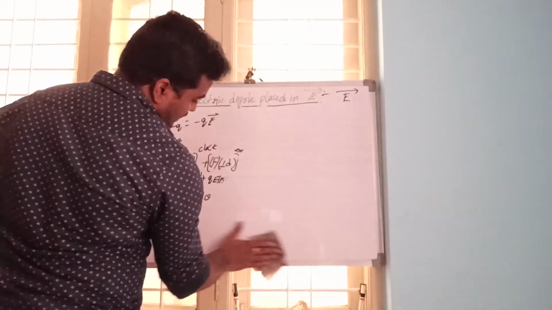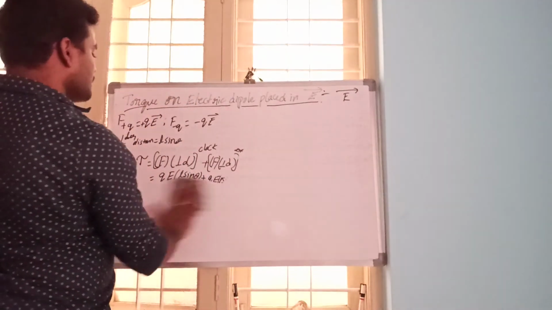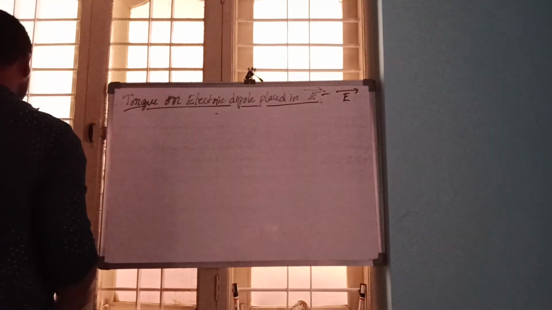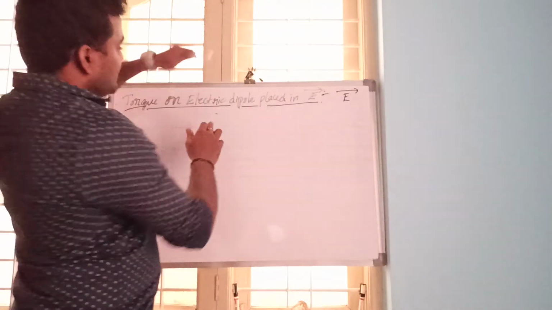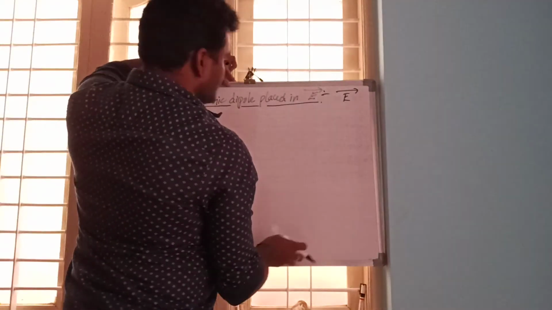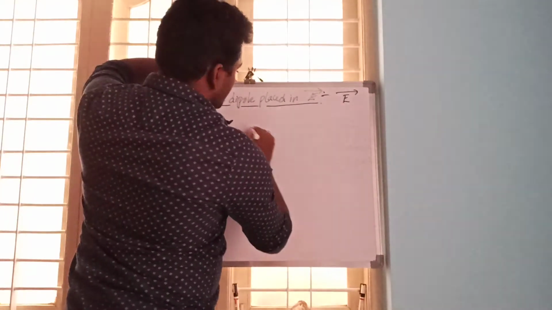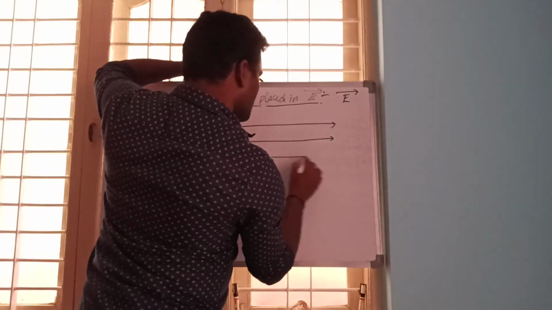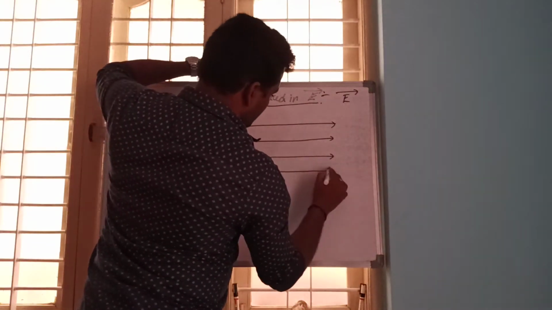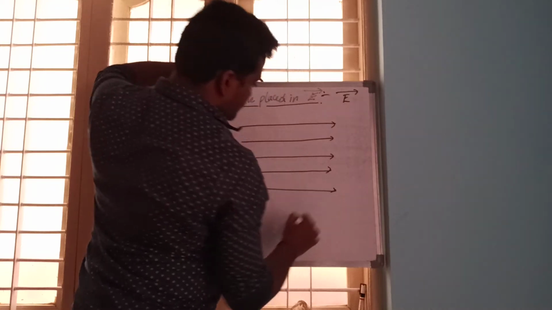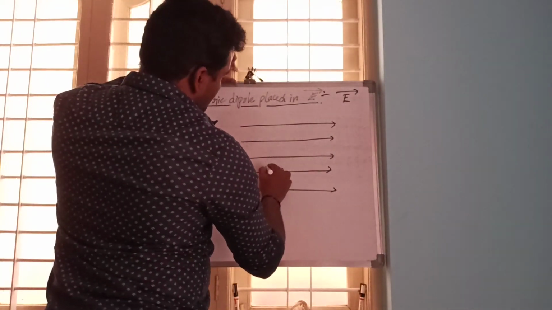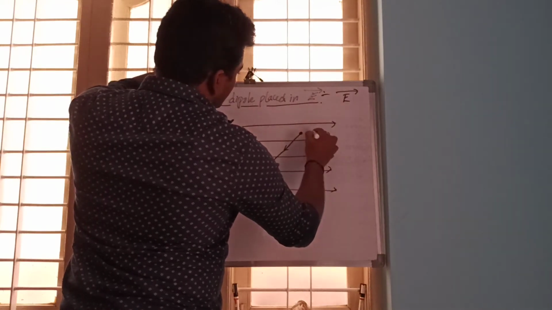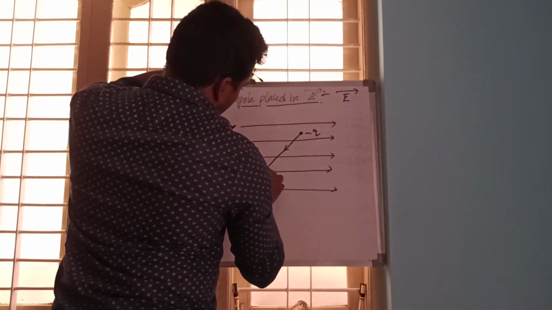What will happen if a dipole is placed like this: this is minus q and this is plus q.